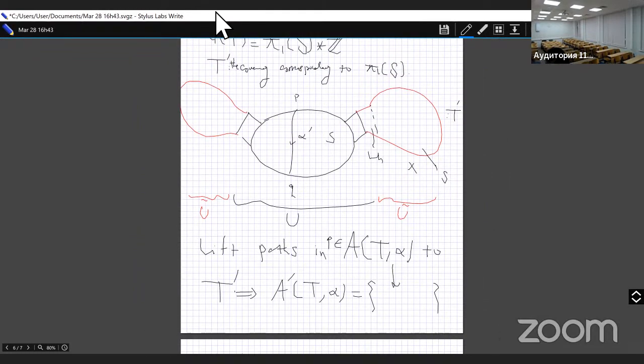Okay, what is the boundary of these red parts? Do you agree that it's just, I mean, the interior of each of these red ones is just the upper half plane, right? Because it's the universal cover of some cut surface.